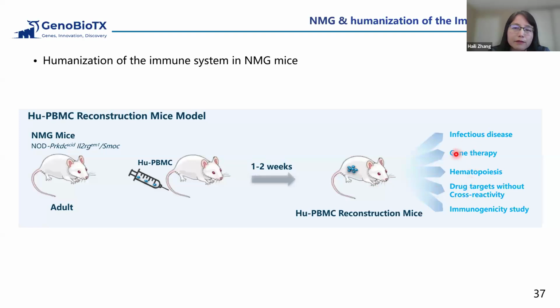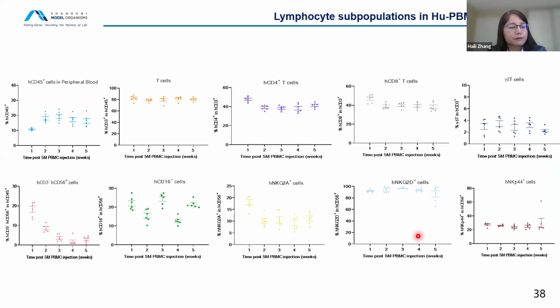Once reconstitution is successfully achieved, the humanized mice can be used for various studies. Here are some examples: testing immune response to infections, cancer therapies, or evaluating novel immunotherapeutic drugs, and others.